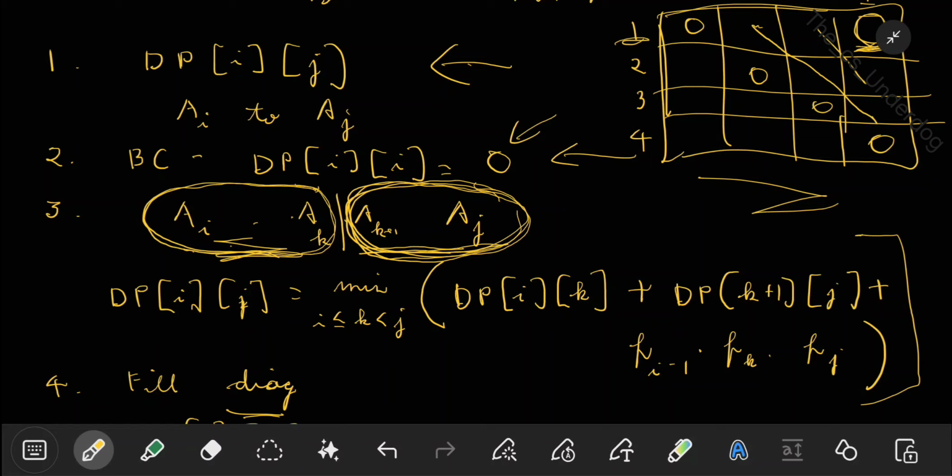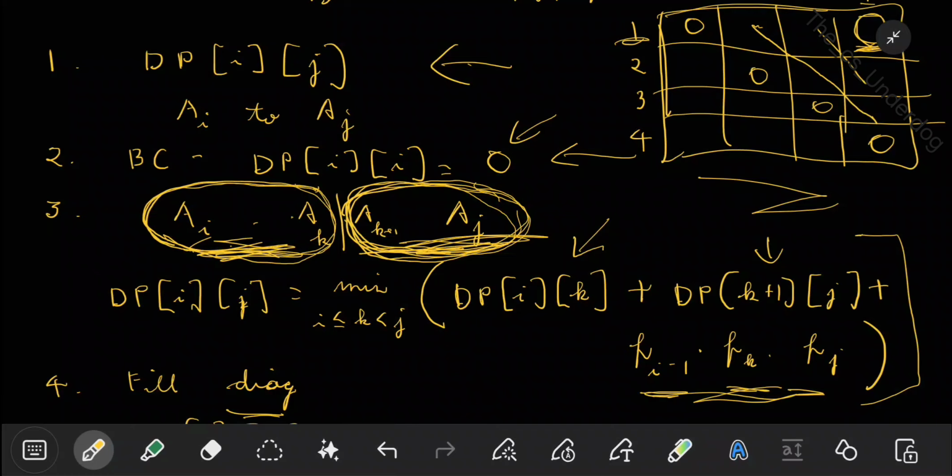That is same as the total number of scalar multiplications required for multiplying ai to ak, then the second set of matrices, that is ak plus 1 to aj, whatever be the minimum scalar multiplications required for that, and then finally I have to add the total number of scalar multiplications required to multiply these two resultant matrices, that is p(i minus 1) into pk into pj. That is what we had explained before. Once you are done with this, you have the recurrence relation.